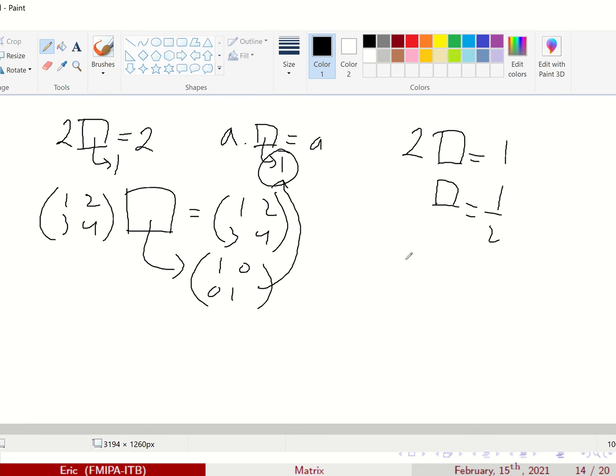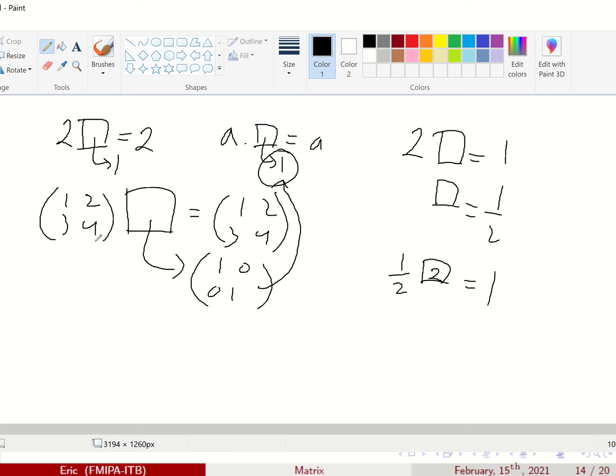What about the inverse multiplication of a half? I want to find something that multiplied with a half will become 1. So it should be 2.